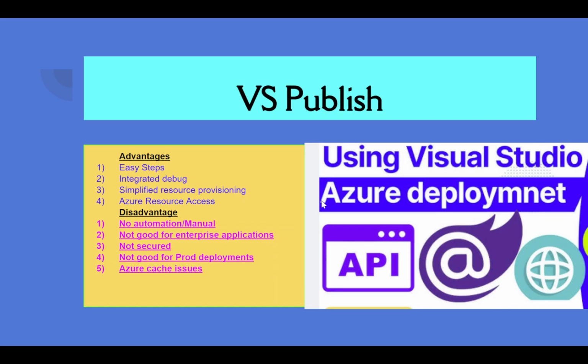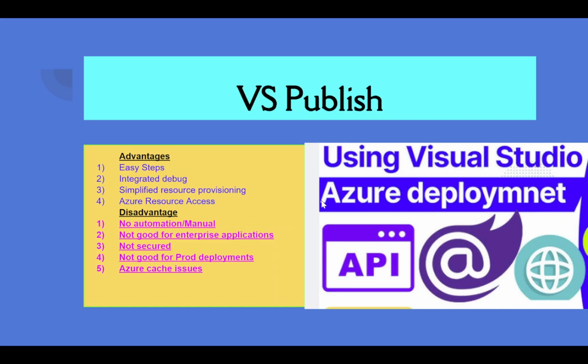Then integrated debugging. Suppose I just deployed a simple API, but if you see any other issues, the debugging can happen with Visual Studio. That's one of the other options.